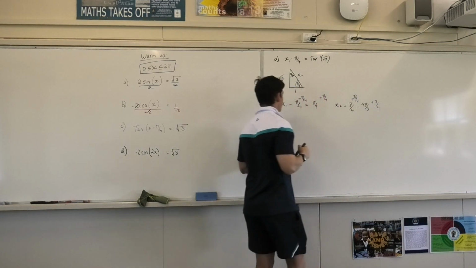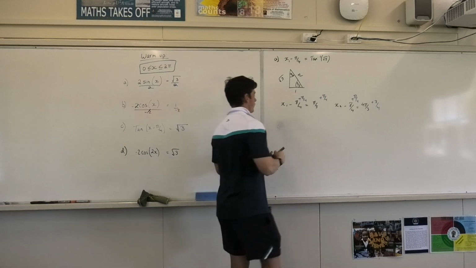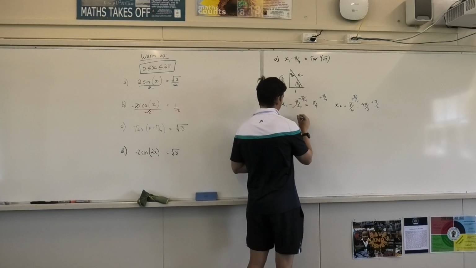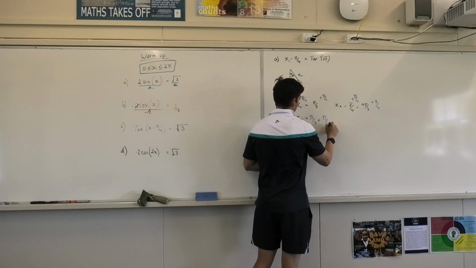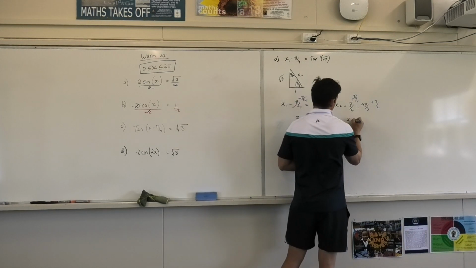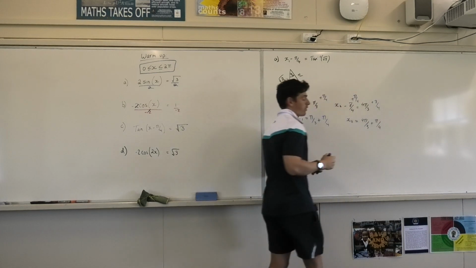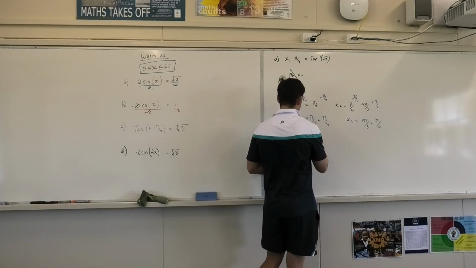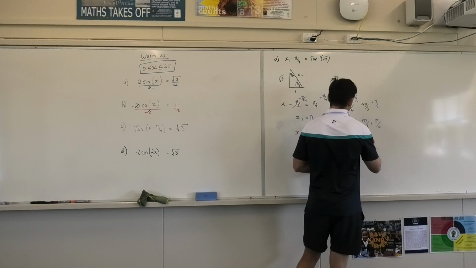Wasn't lying. x1 equals pi on 3 plus pi on 4. x2 equals 4 pi on 3 plus pi on 4. We cross multiply. x1 equals 7 pi on 12. x2 equals 19 pi on 12.